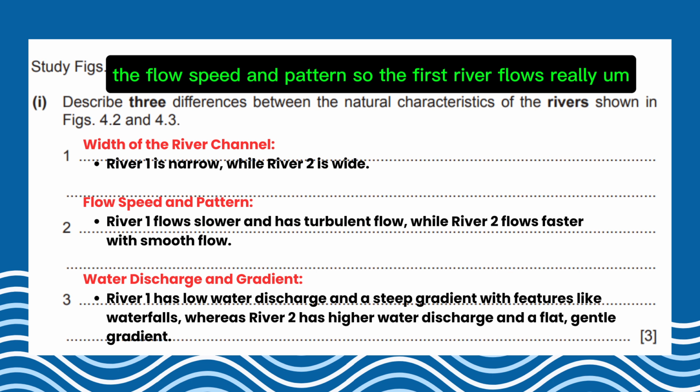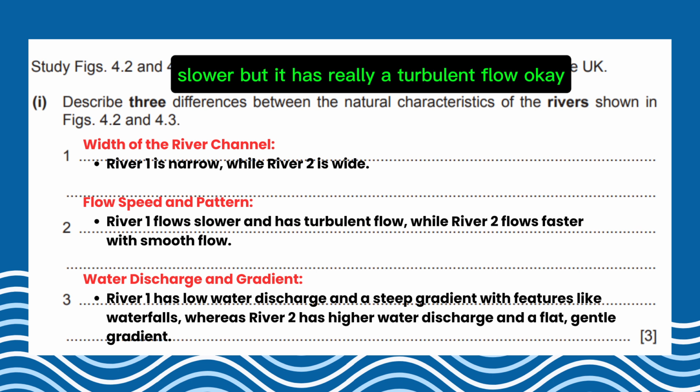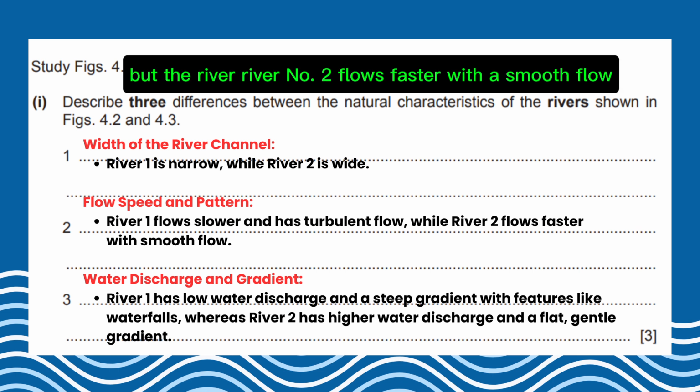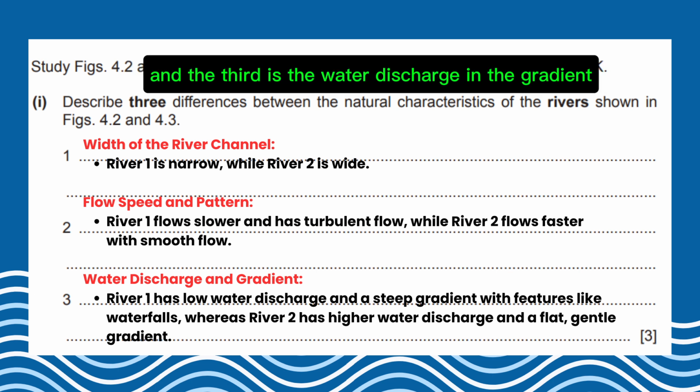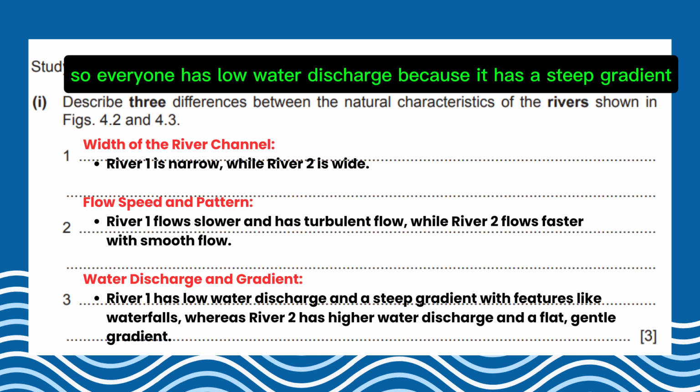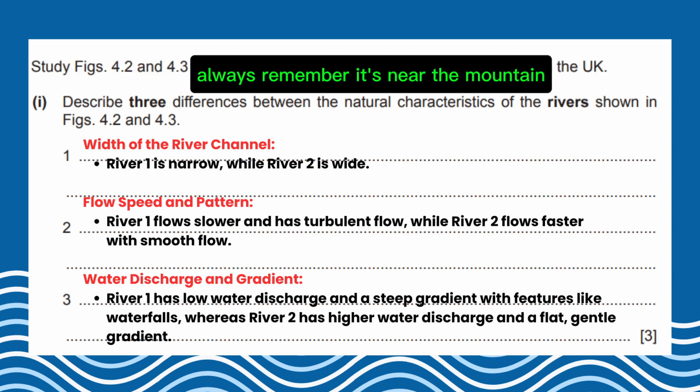So the first river flows slower, but it has a turbulent flow, okay? But river number 2 flows faster with a smooth flow. And the third is the water discharge and the gradient. So river 1 has low water discharge because it has a steep gradient. Always remember it's near the mountainside.